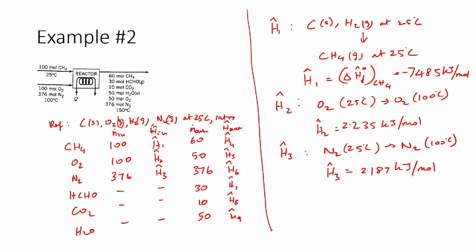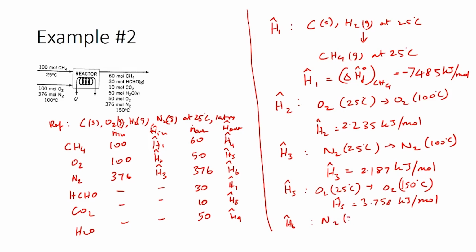Now, you have H4 to H9 for the exit streams. Let us first finish H5 and H6 cap, because those values can be obtained directly from the tables. So, H5 cap would be again oxygen at 25 degrees Celsius being heated to oxygen at 150 degrees Celsius. So, this H5 cap would be equal to 3.758 kilojoules per mole, and you have H6 cap, which would be nitrogen at 25 degrees Celsius being heated to nitrogen at 150 degrees Celsius, which is the exit condition.